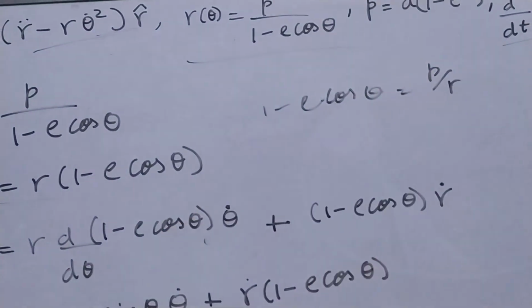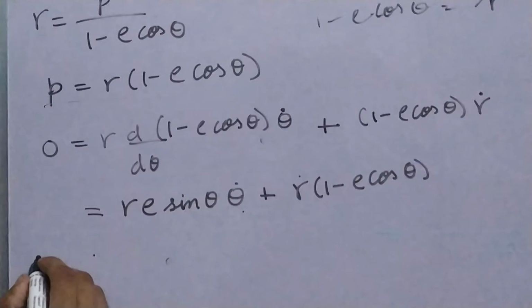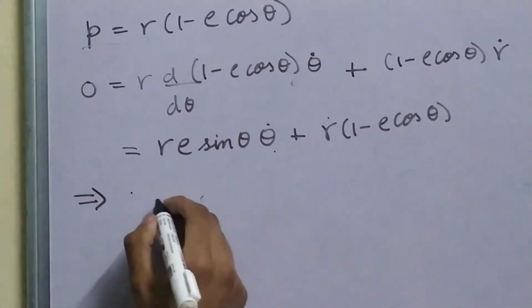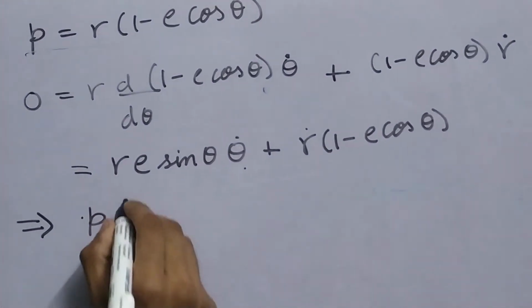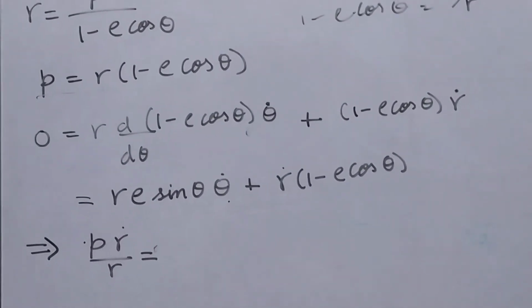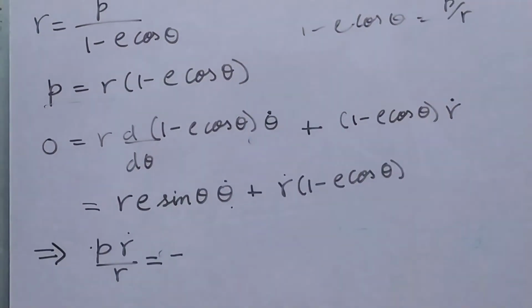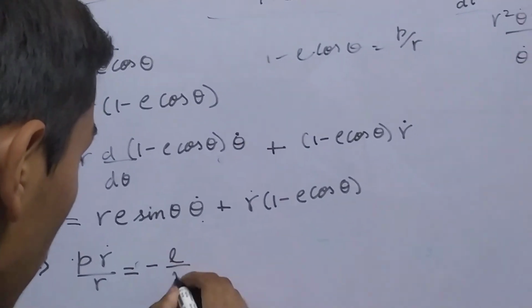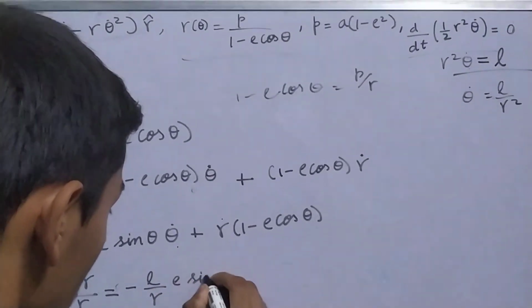So we'll just place these things. Okay, and so from this we get p r dot divided by r equal to minus, so this goes to the right hand side, L upon r e sin theta.